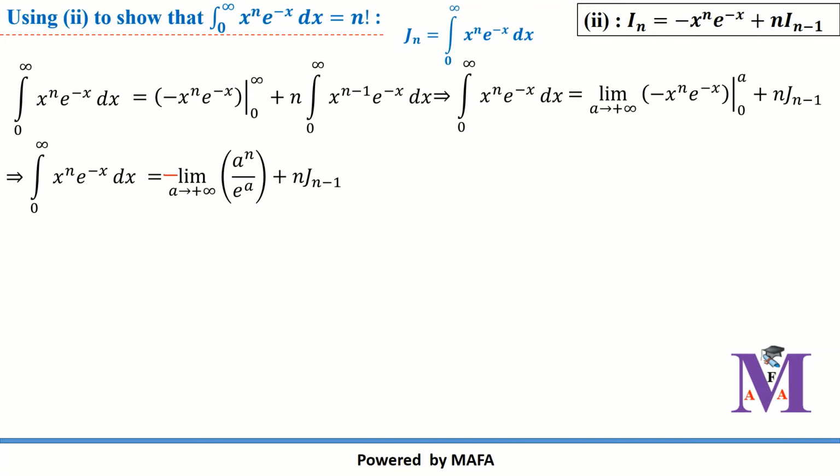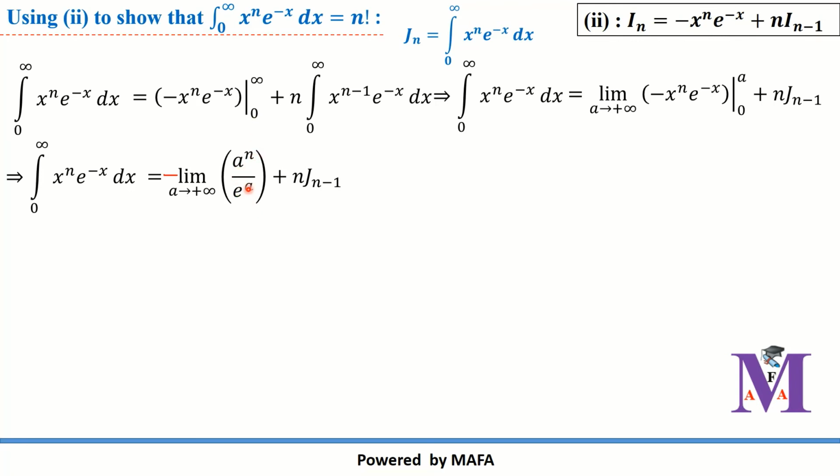Alright, now look at e to the negative. Remember, I'm now replacing my upper limit, which is a, and then I'm taking the limit as a is tending to plus infinity. So here it's going to give me a to the n because I'm replacing x with a. So a to the n, the negative sign is outside, then e to the negative a. E to the negative a is the same as 1 over e to the a. This is it. Now I need to compare these two functions, a to the n and e to the a.